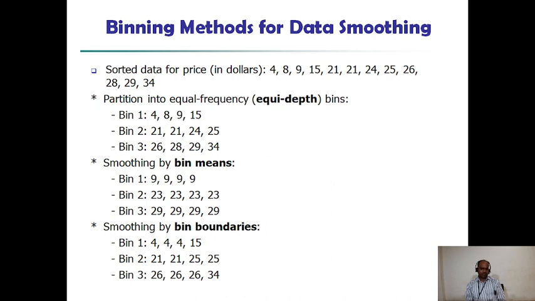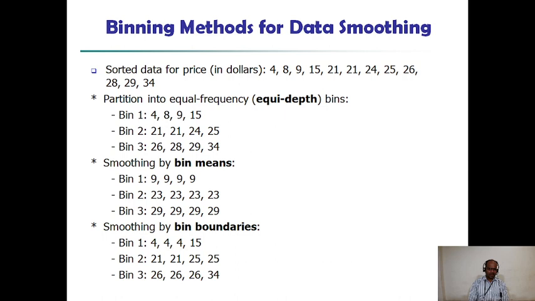Next we will smooth by bin boundaries. So this is also one technique. It means we will see the boundaries of every bin. For example, in bin 1 we have 4 as the lower boundary and 15 as the upper boundary. What we will do is replace 8, 9 and all remaining values based on these boundaries.